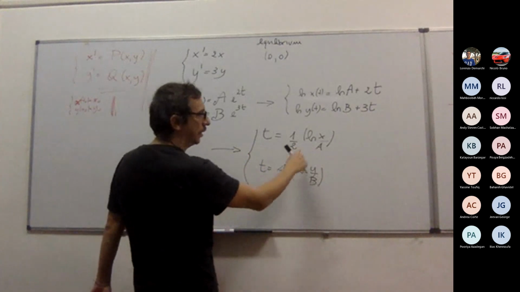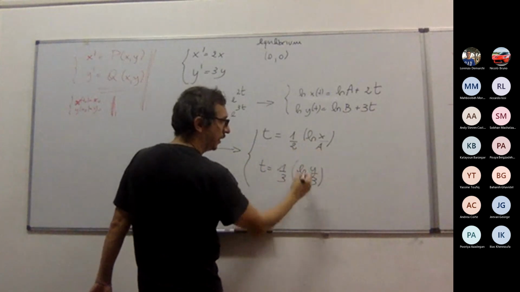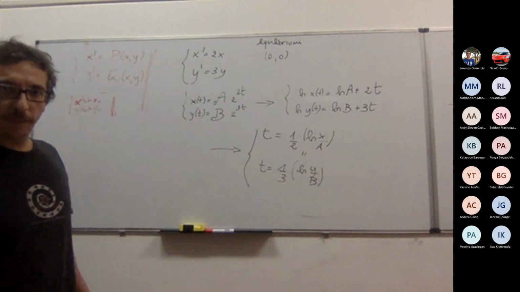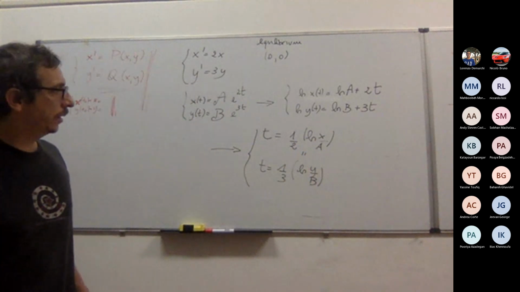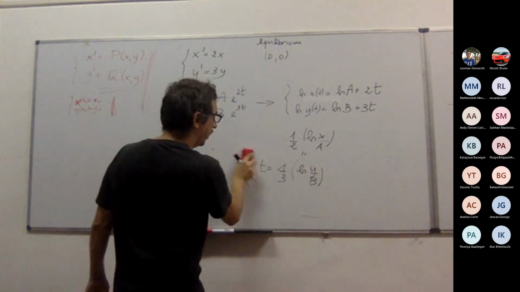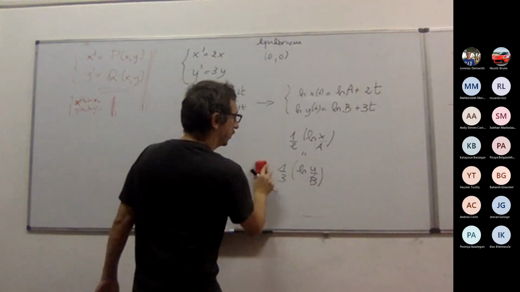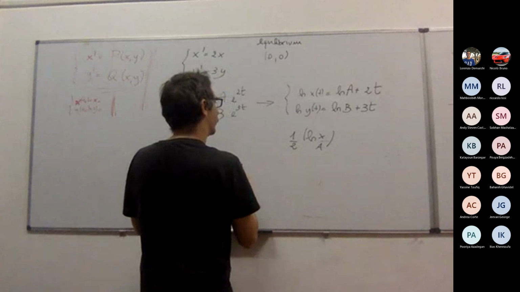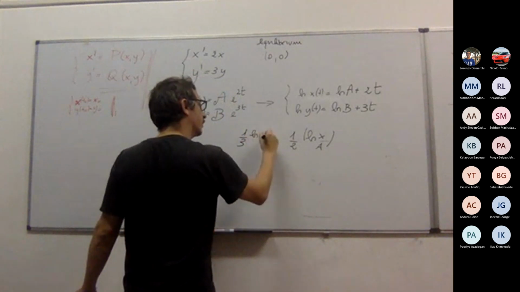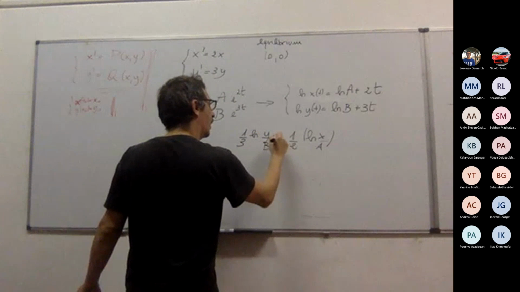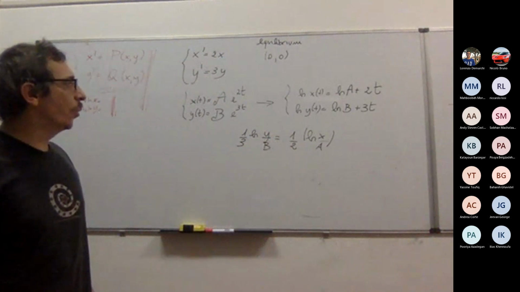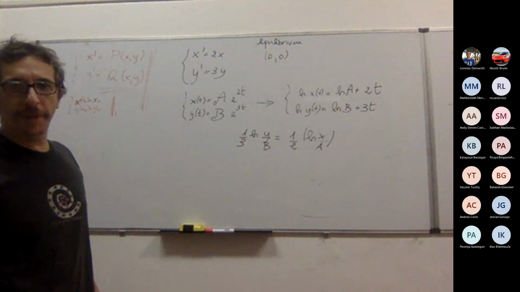So this term here and this other term here must be equal. So let me write here, 1/3 log y over b equal to 1/2 log x over a.